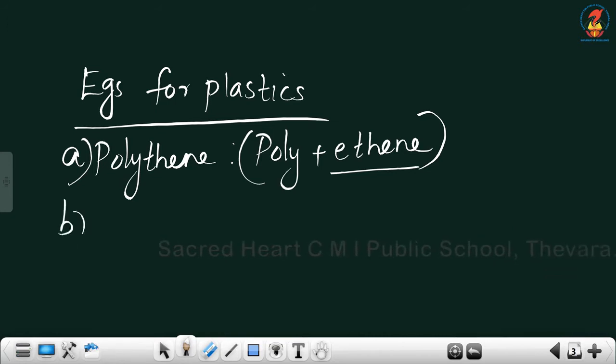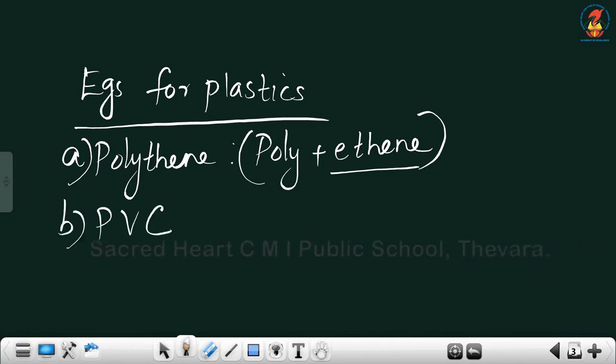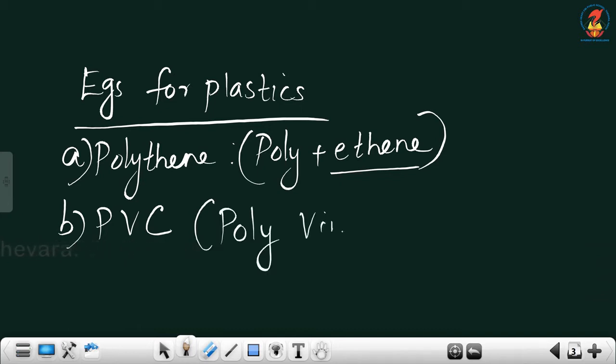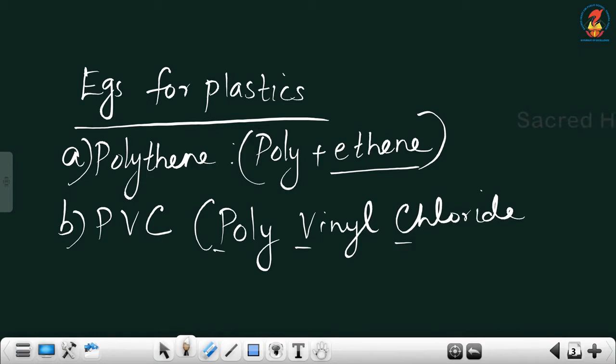Now the second one, which is also familiar to you, is PVC. Have you heard of PVC? Yes, PVC is used for making pipes, PVC pipes. It is a widely used plastic for making pipes. The full form of PVC is polyvinyl chloride.